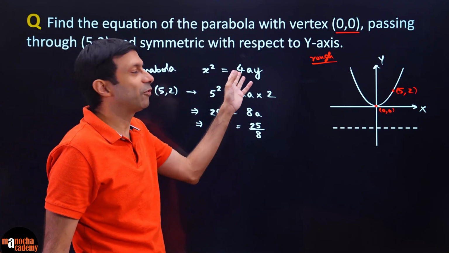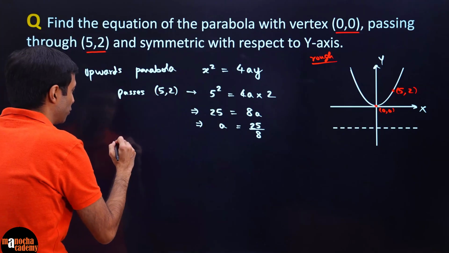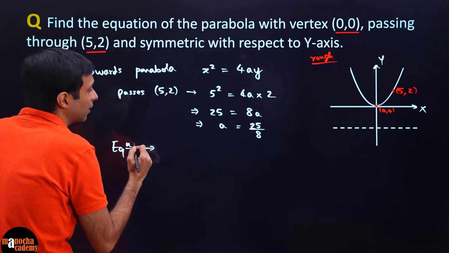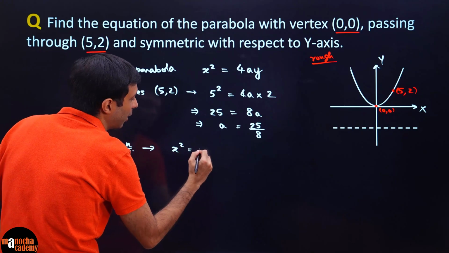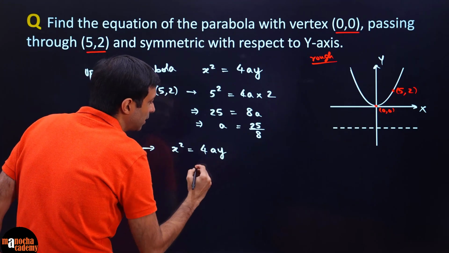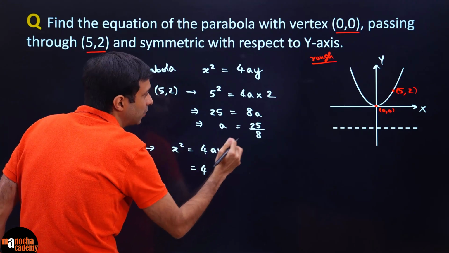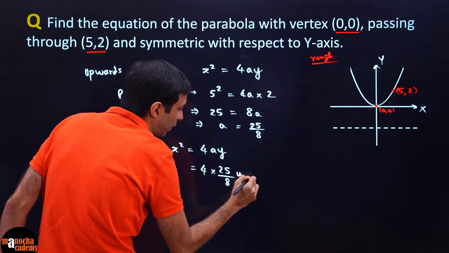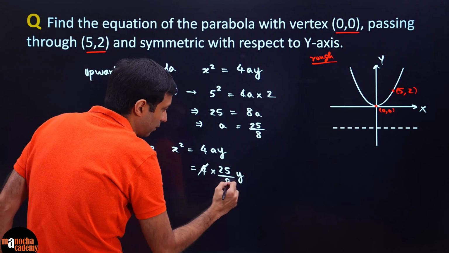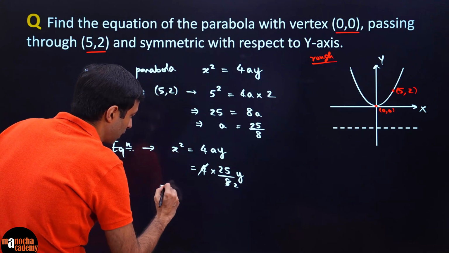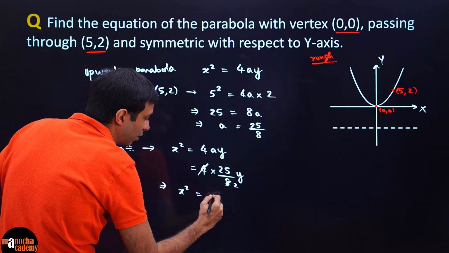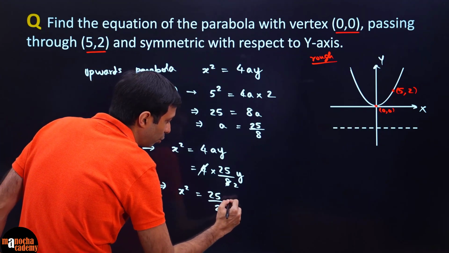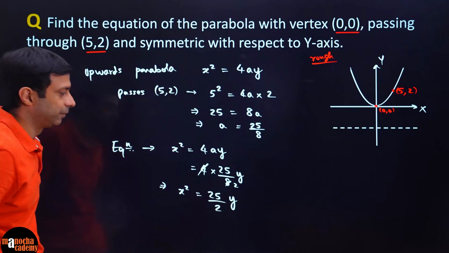That's it. Now we just have to substitute it into our equation. So the equation of the parabola is going to be x square equal to 4ay, where you just need to plug in these values. 4 times the value of a, which is 25 by 8, times y. So this will cancel, and we'll get a 2 here. So I'm getting x square equal to 25 by 2y.